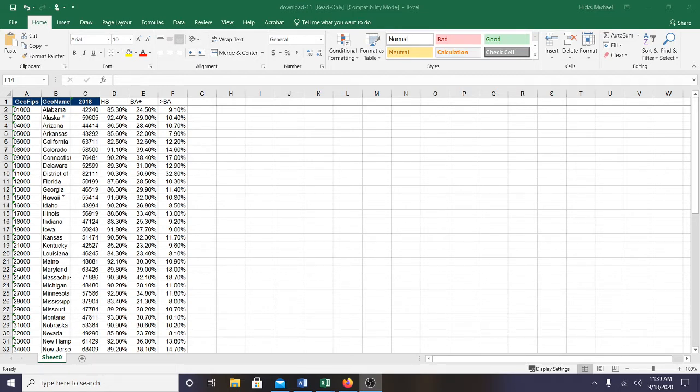And the way to think about correlation is simply that it is the product of two expected values, right? What's the expected value of two variables, say x and y, where high school is x and bachelor's degree plus is y, divided by the product of their variance? And you'll learn these formulas, but you'll never have to apply them.